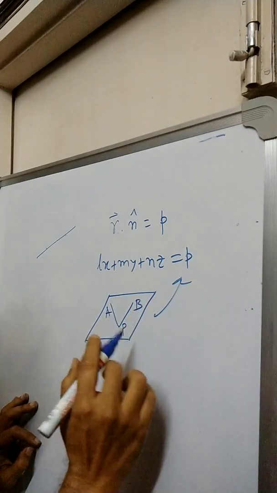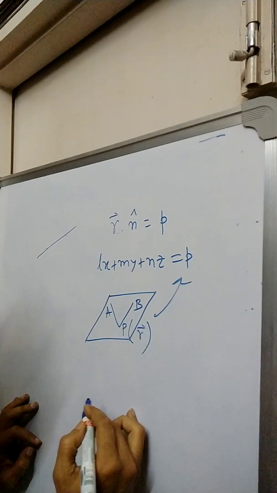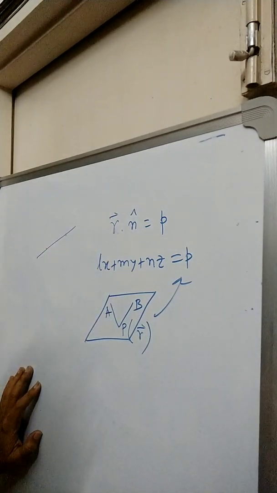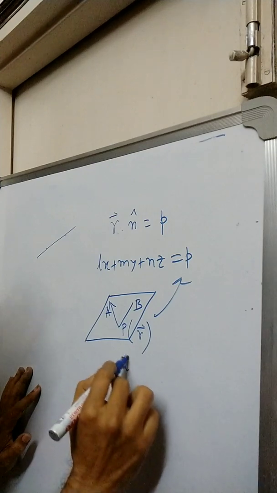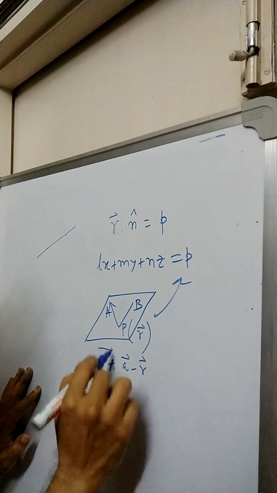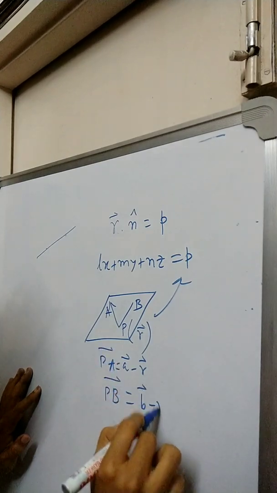Now just see that this P has radius vector r, and you can easily find the n cap. How can you find the n cap? See, PA, what is PA? PA is a minus r. And what is PB? We can easily follow, PB is b minus r.